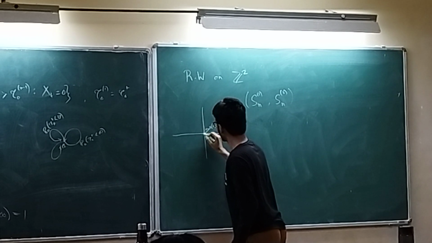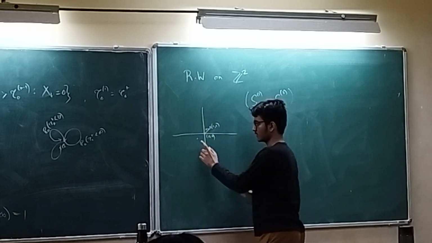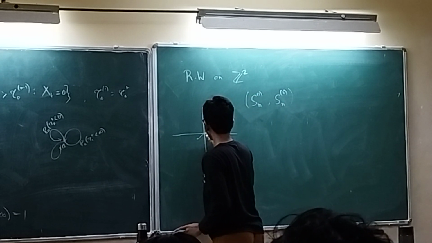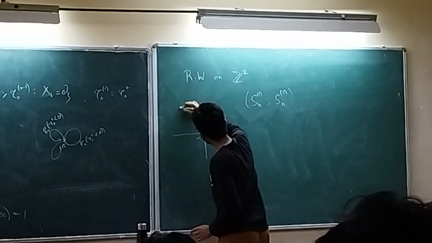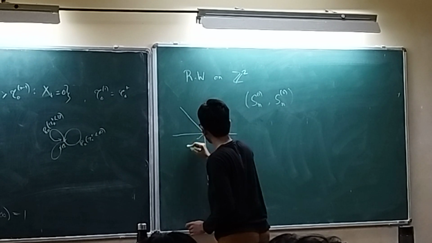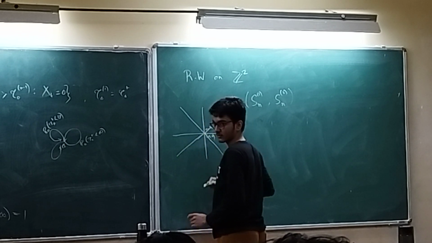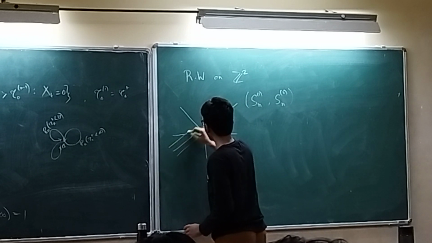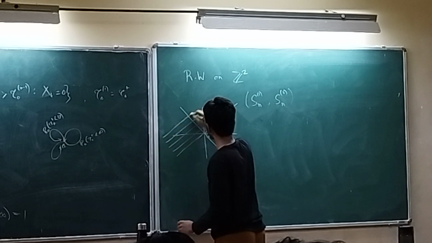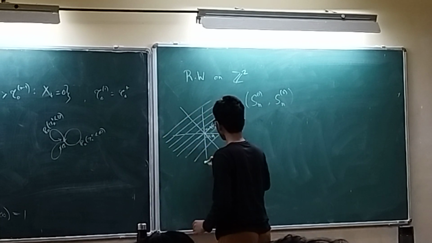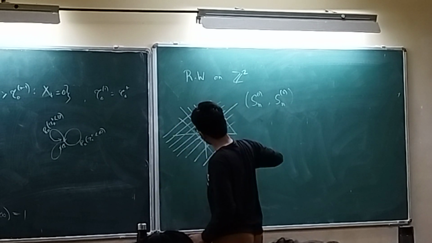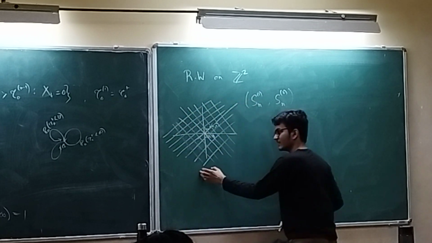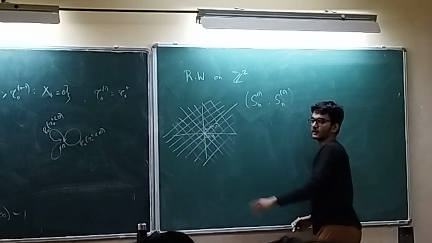And what is the probability to move here? 1/4 again. It will move here 1/4 again, and here 1/4 again. So basically, it is moving parallel to the lines y equals x and y equals minus x. And you will get something like this. This is exactly the random walk in Z2, but rotated.